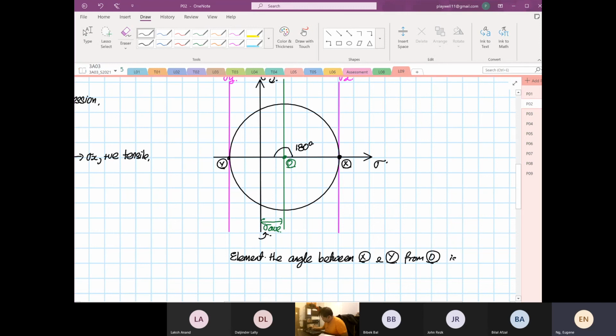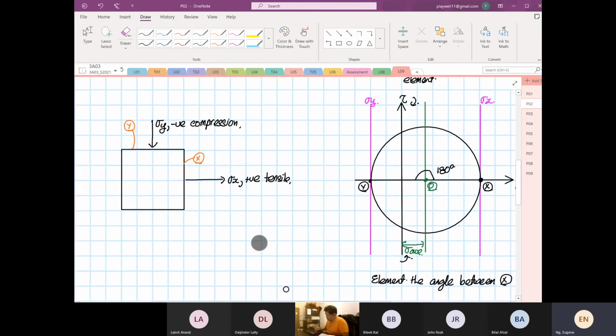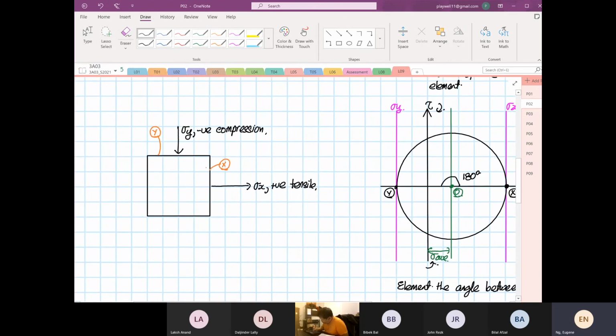So if you go back to the element, the angle between point X and point Y, this angle over here, is what? 90 degrees. Okay.